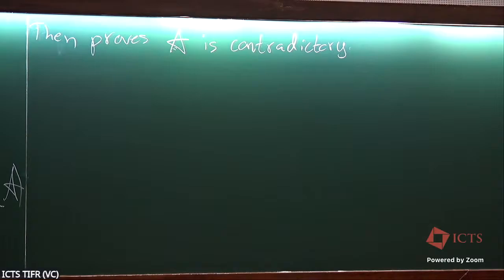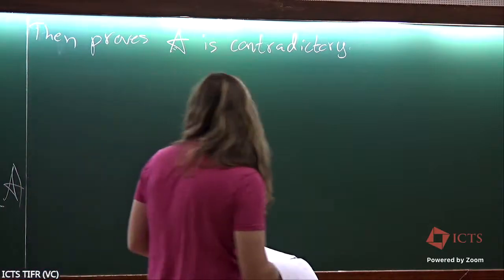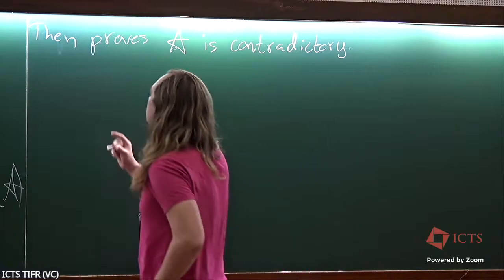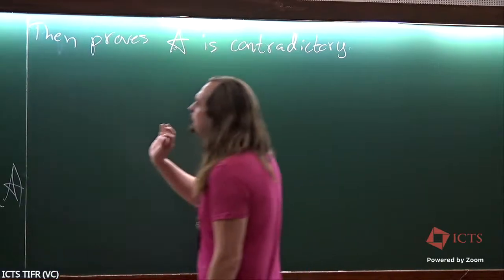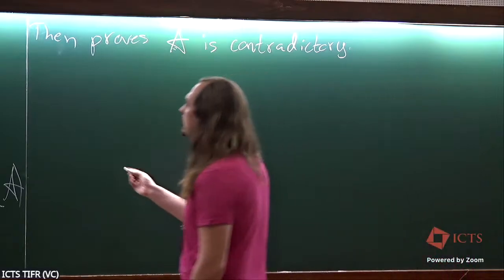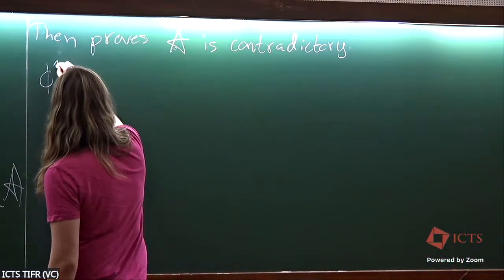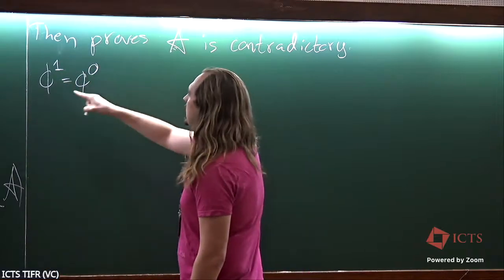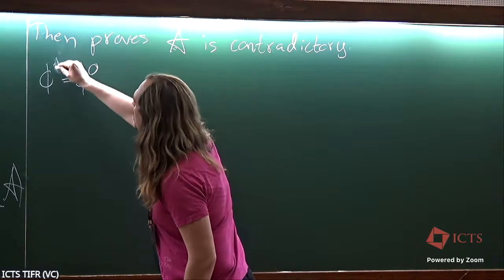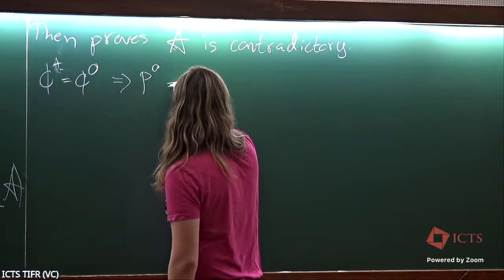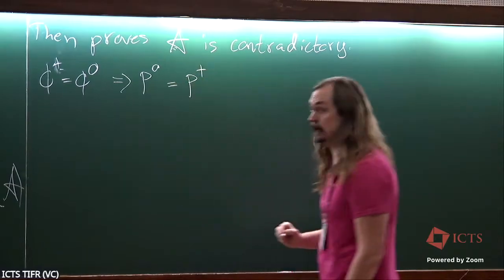So what are we going to talk about? It sort of follows from what I'm going to say, but I'm not going to give any details on it right now. There are other means to prove this, but if these two are the same, this does imply that P0 is equal to P plus.